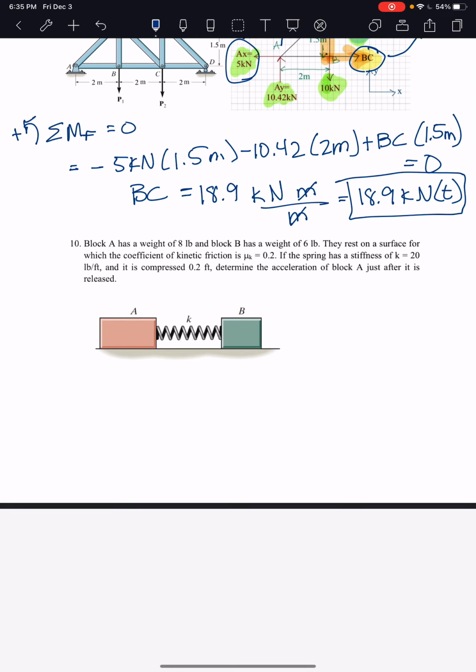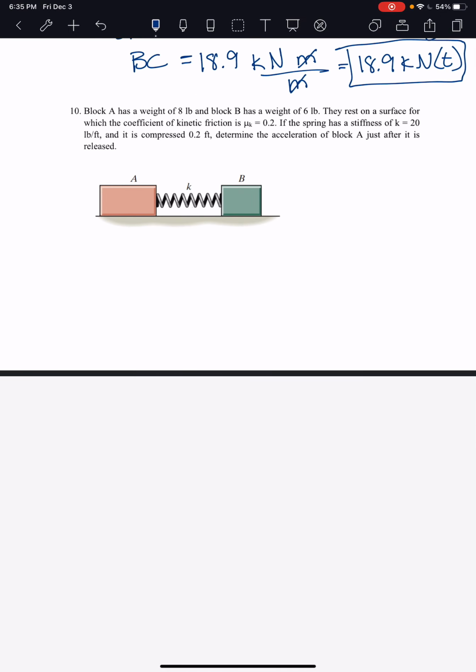And then for this last one, block A has a weight of 8 pounds. And block B has a weight of 6 pounds. They rest on a surface for which the coefficient of kinetic friction is 0.2. If the spring has a stiffness of k is 20 pounds per feet, and it is compressed 0.2 feet.